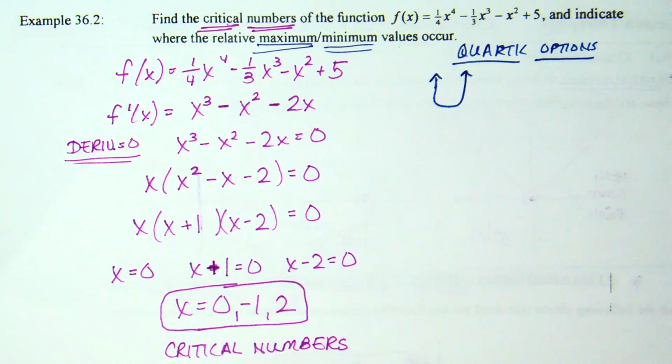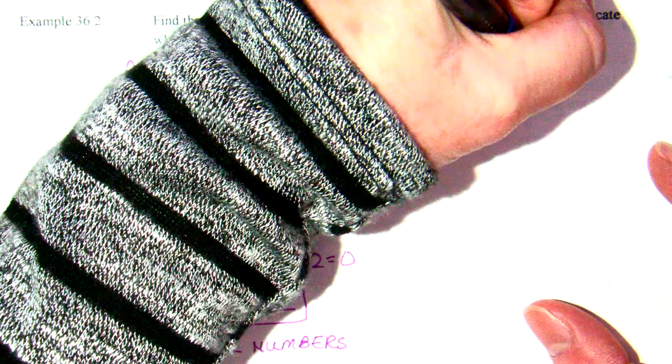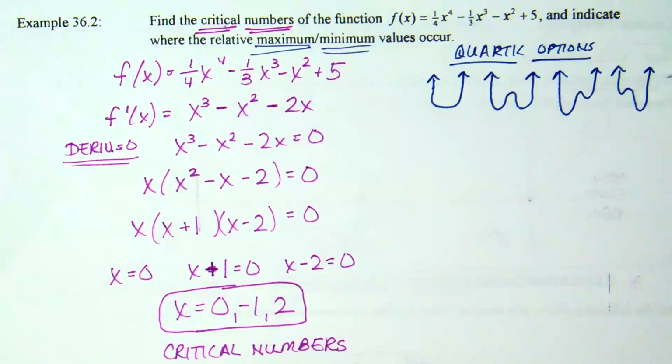However, is that what I have here? No. So we need to have one of these W options. Is it a parabola with a parabola, lopsided or equal?